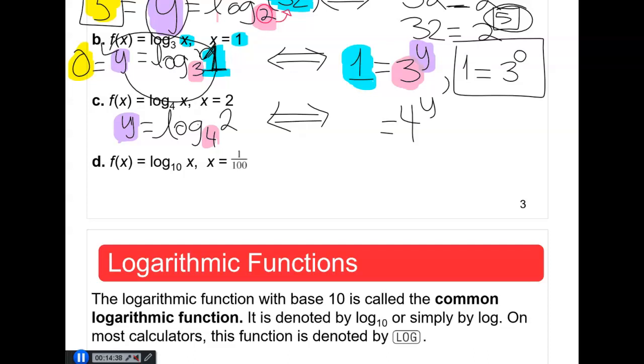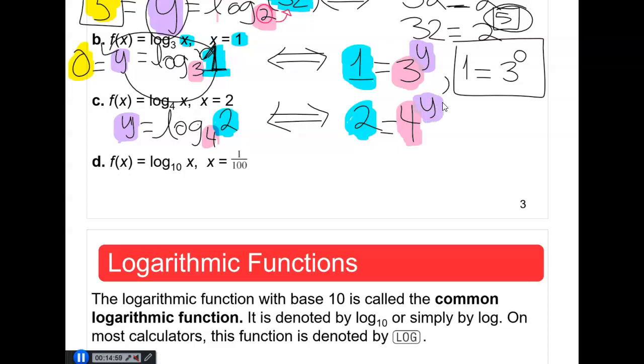And that is going to equal this argument, 2. So now, the question is, to what power do we have to raise 4 to get a 2?